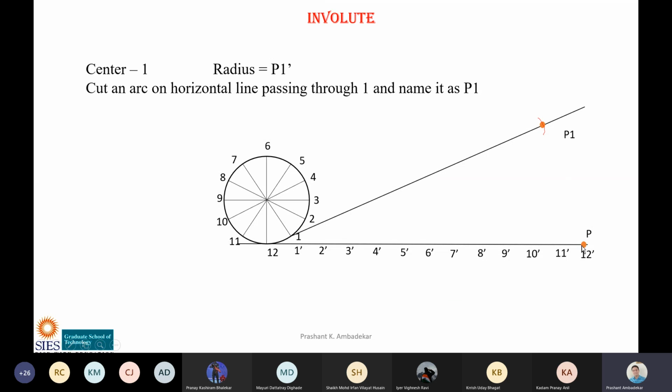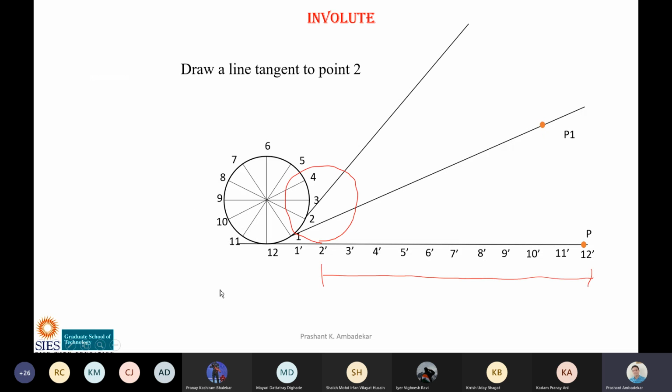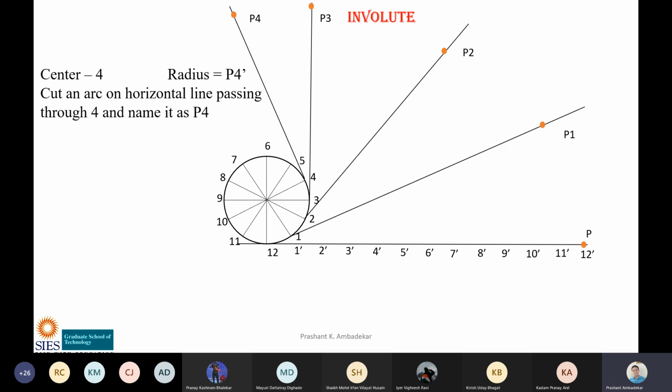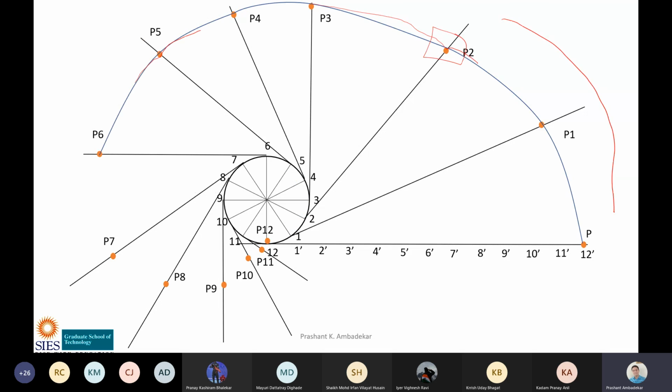Next the radius will be P to 2 dash, P to 3 dash, P to 4 dash, and so on. So the radius is reducing every time, and the center is changing every time. Now the center is 12, then the center will be 1, 2, 3, 4, 5, 6, and so on. You are doing it like this, and then finally draw a smooth curve.